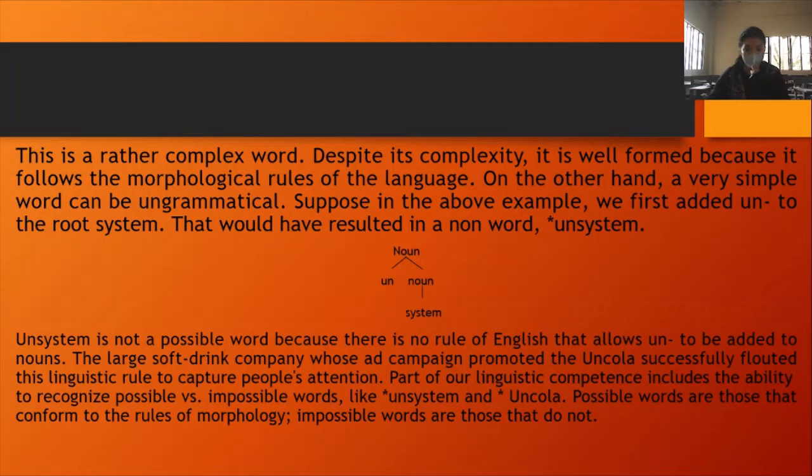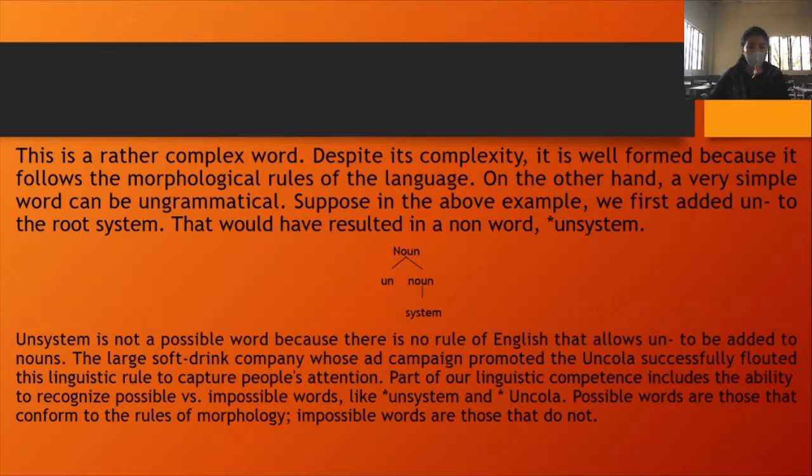On the other hand, a very simple word can be ungrammatical. Suppose in the above example, we first added un to the root system. That would have resulted in the non-word unsystem. So, as you can see in the diagram, unsystem is not a possible word because there is no rule of English that allows un to be added to nouns.